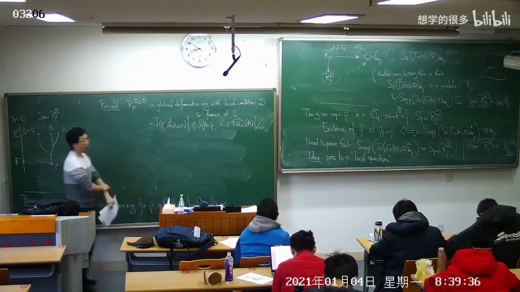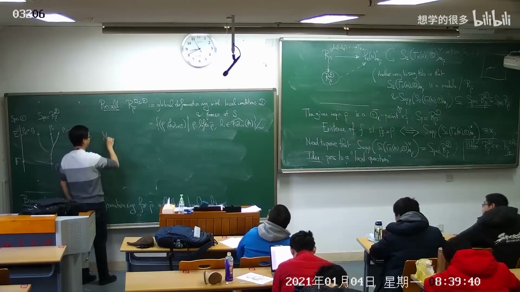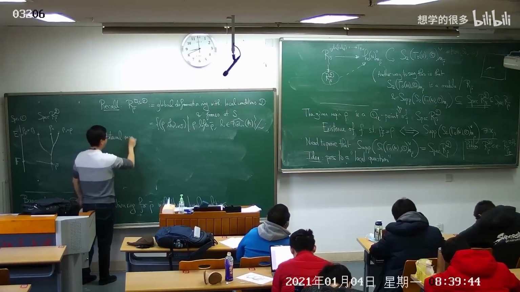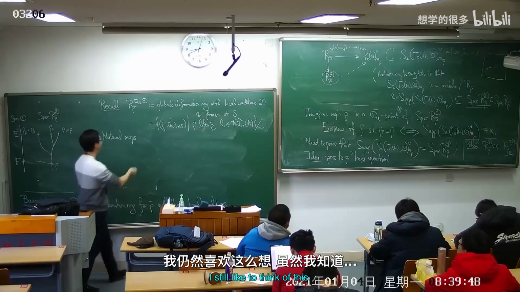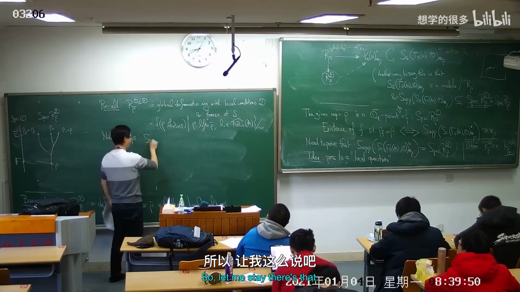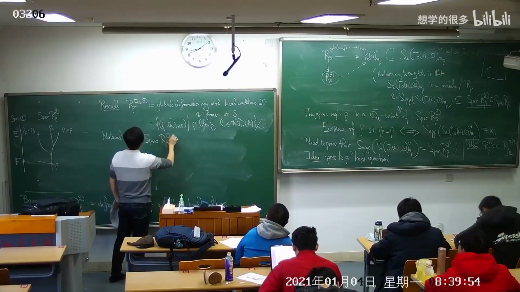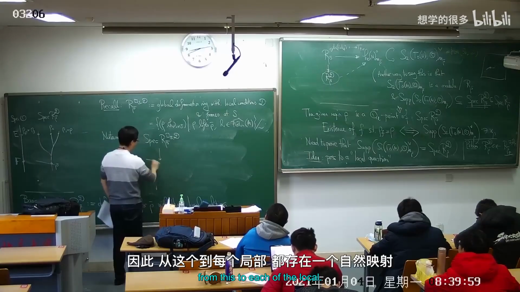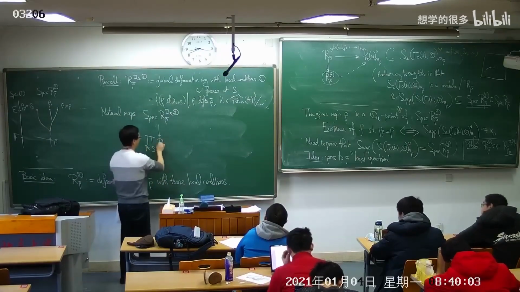Remember that. And there's a natural map. I still like to think of this geometrically. So let me say these are all affine schemes. There's a natural map from this to each of the local framed deformations.